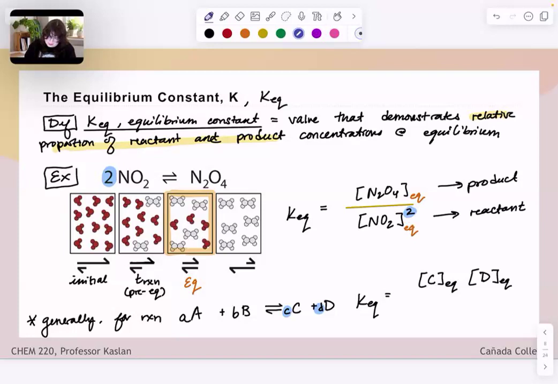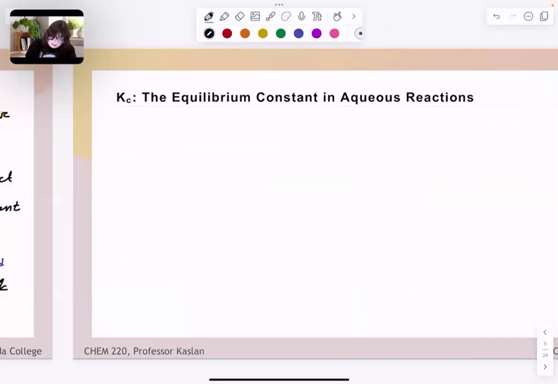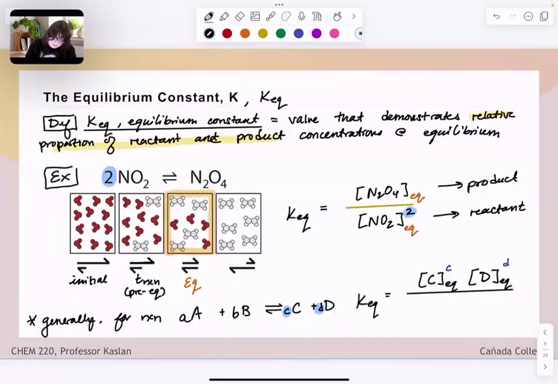So this would be raised to the lowercase c, raised to the lowercase d, all over our reactants. So this would be concentration of A at equilibrium times concentration of B at equilibrium.